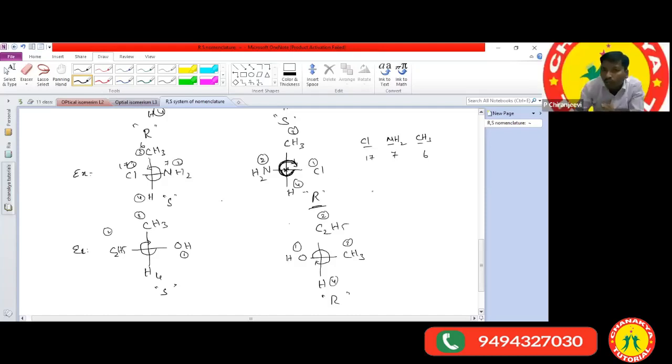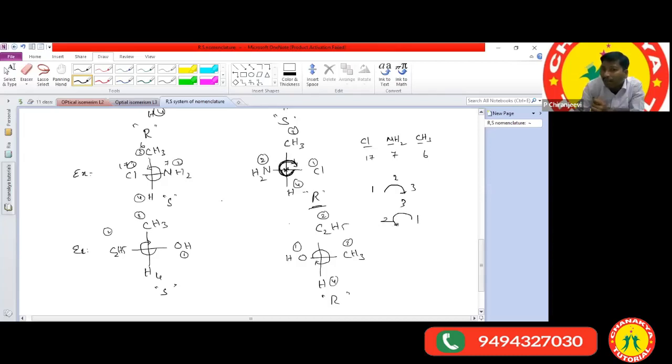Because priority order 1, 2, 3 means we have to add like this only. We can't take the methyl group first. We can't go in this direction, as in 1, 3, 2. You can't get a proper series number.